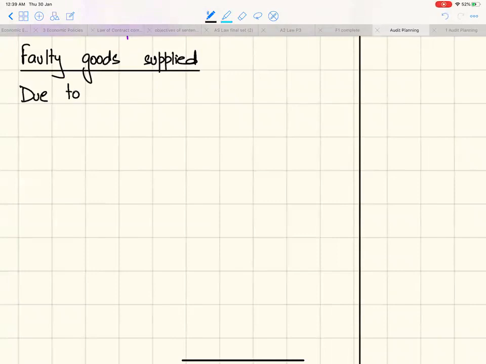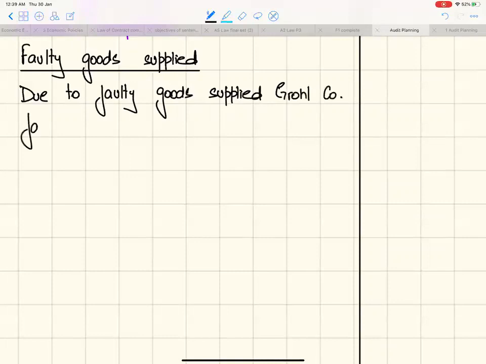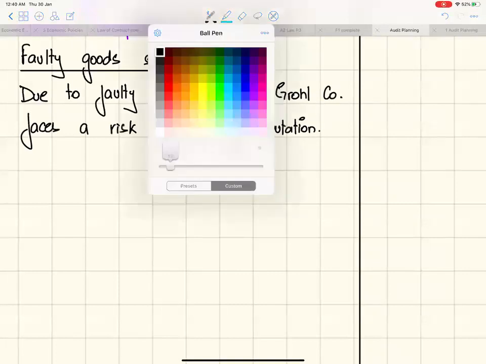Due to faulty goods supplied, Grohl company faces a risk of loss of reputation. The company faces a risk of loss of reputation.